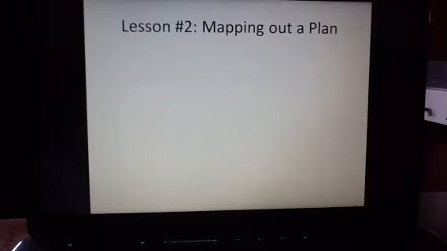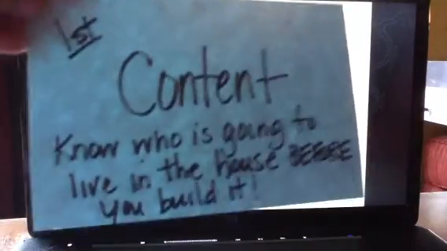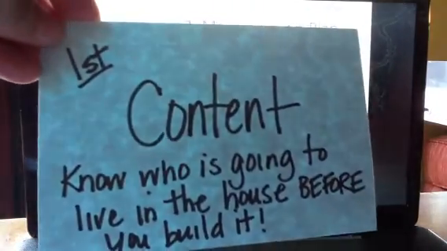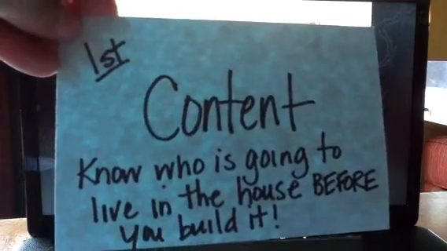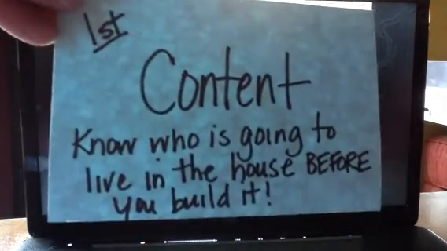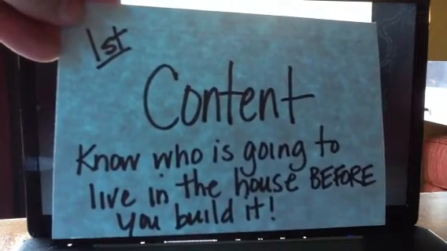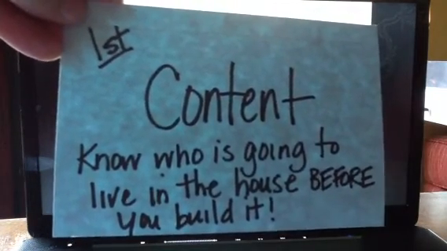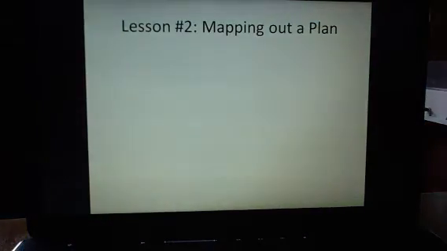So my suggestion first is to map out the plan. One of the things I want you to look at is on this card I'm holding up here. This is all about content. You want to organize your content first. Below there, I've put this phrase: know who's going to live in the house before you build it. What I mean by that is, if you're building a custom home, you need to think about how many people are going to be living here.